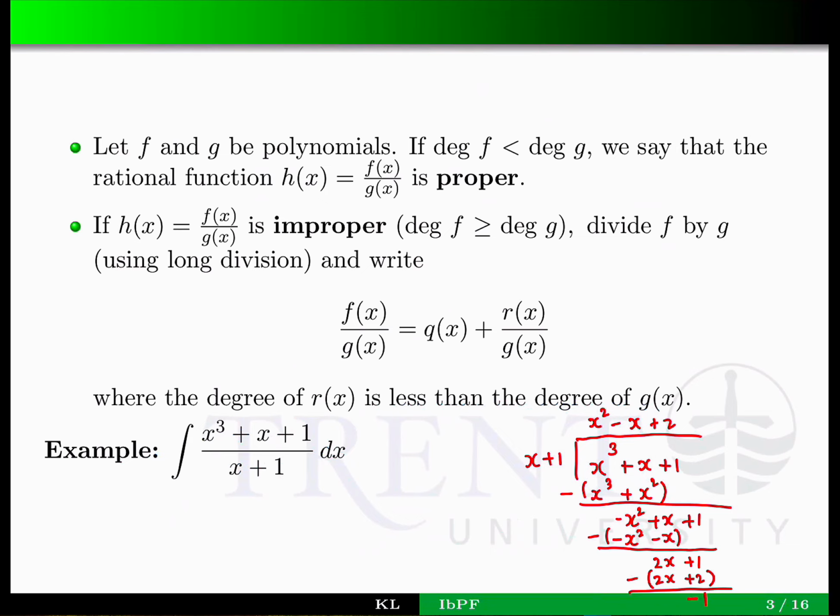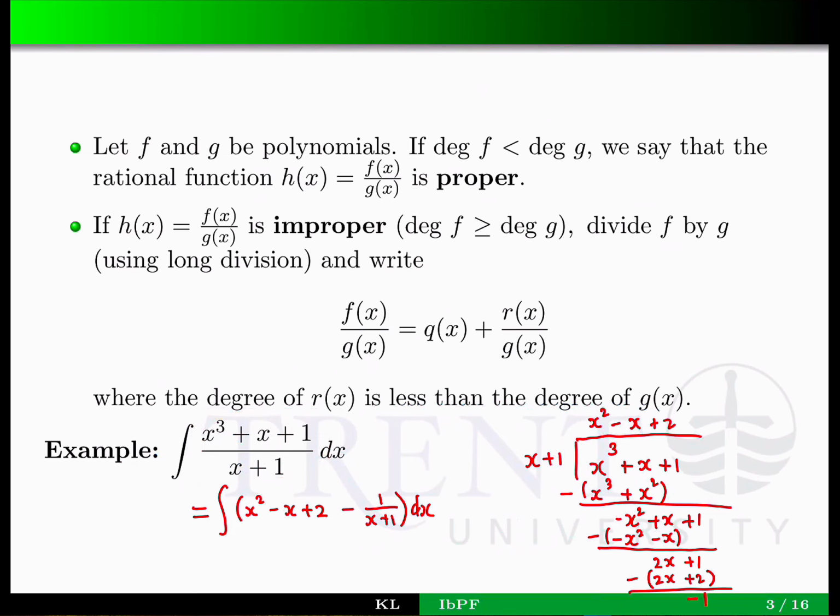So what does this mean? This means that this integral, or this expression here, can be written as the integral of x squared minus x plus 2 minus 1 over x plus 1 dx.